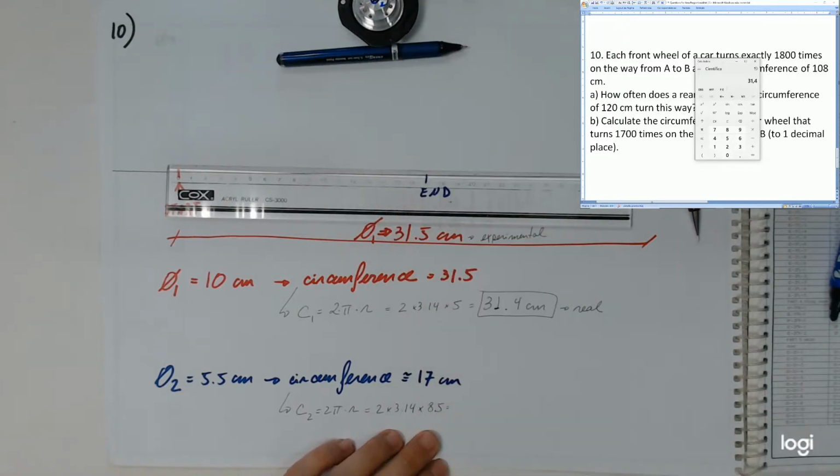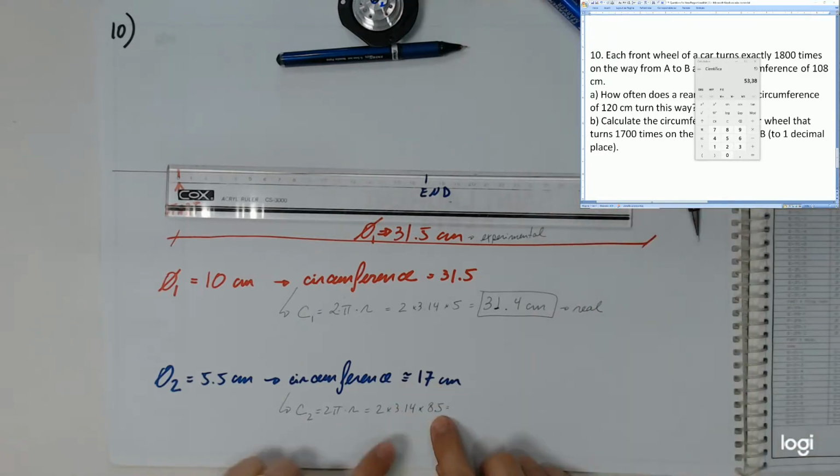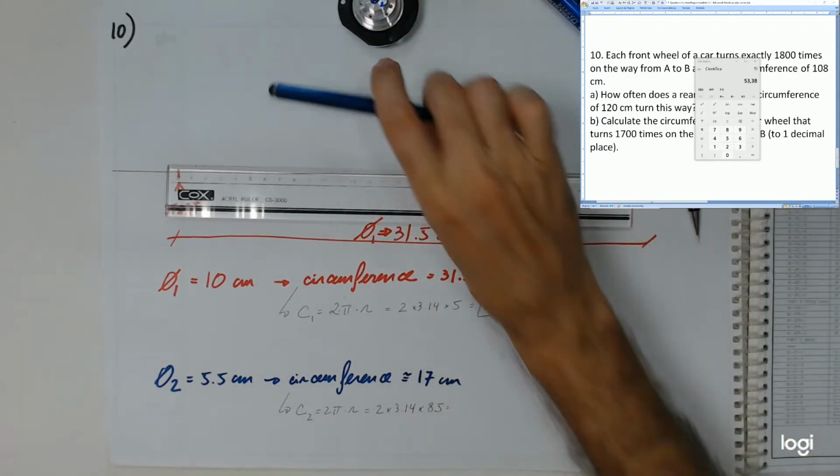So let's go to the calculator and check. 2 times 3.14 times 8.5. Let me see what is going on. No, of course not, that's not fair. The circumference is 17, of course. The radius is half of this. Please, I'm terribly sorry.